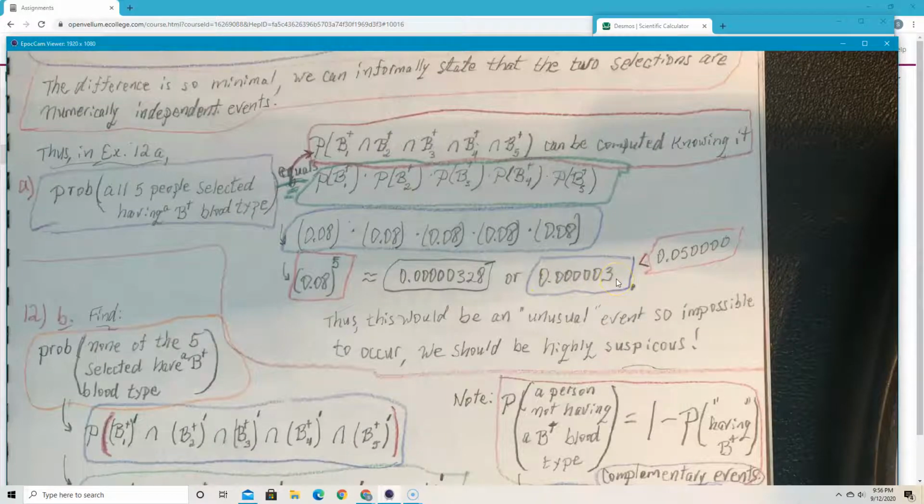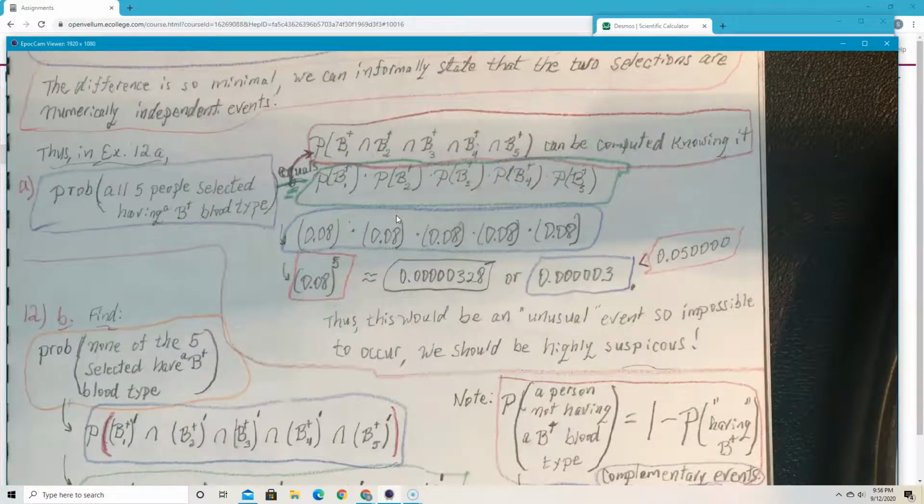That is so incredibly small. We have 2 ways to believe, 2 different possibilities of how we should react. One, a miracle just happened, and just by randomness we got 5 people in a row that all have B positive blood.